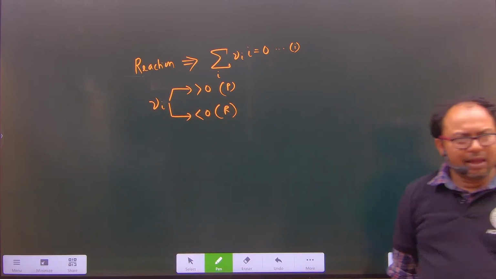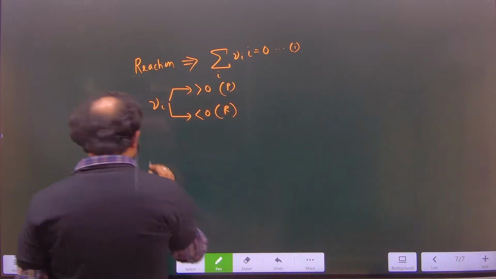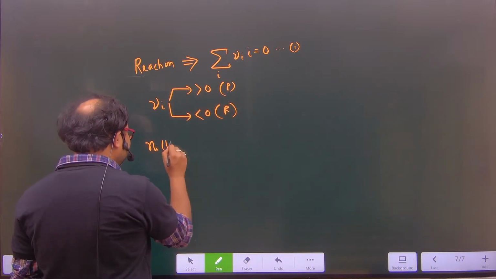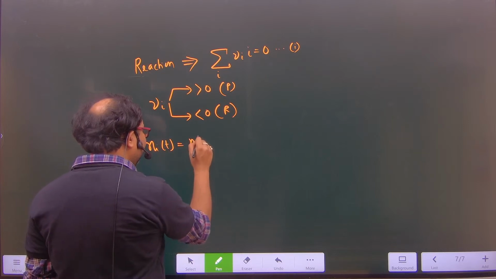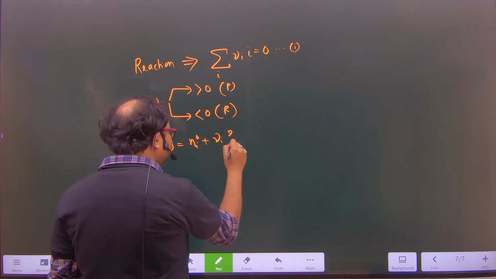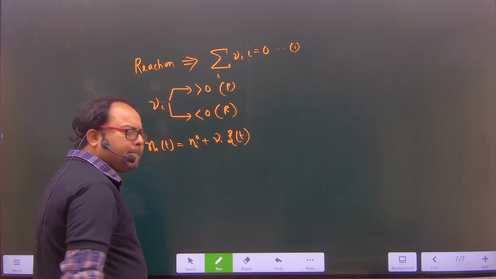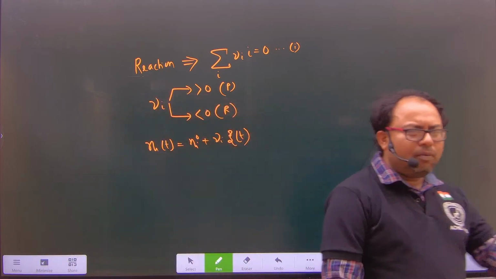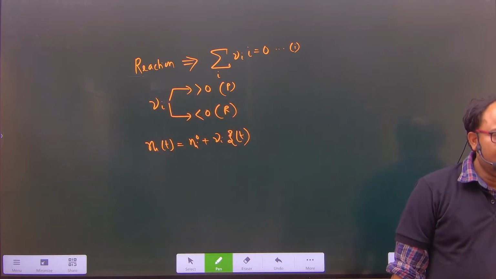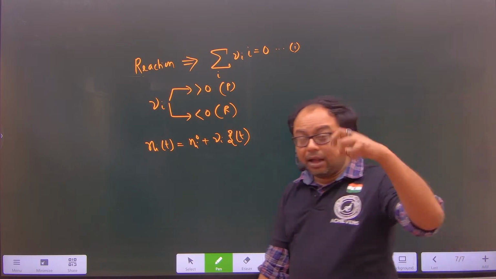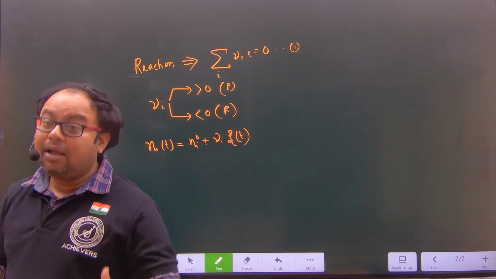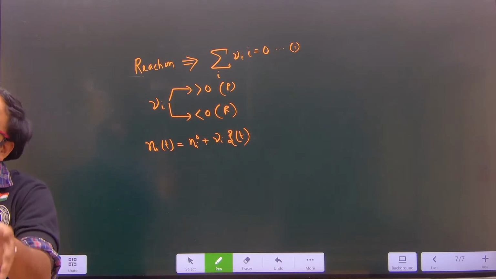And what else you have got? You have got Ni(t) equal to Ni naught plus nu i Xi. And you know the meaning of all the terms. But you have to understand this equation a bit more in physical terms.